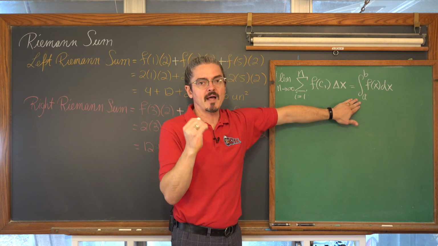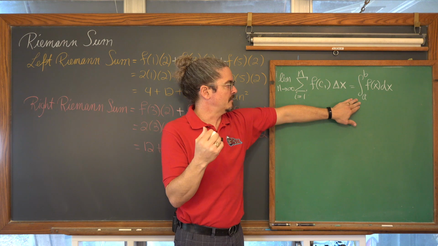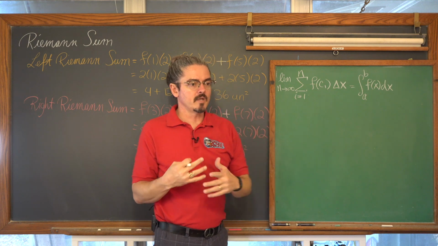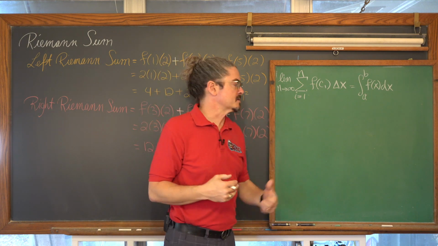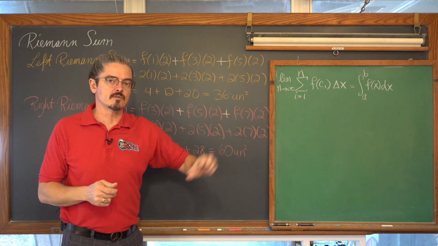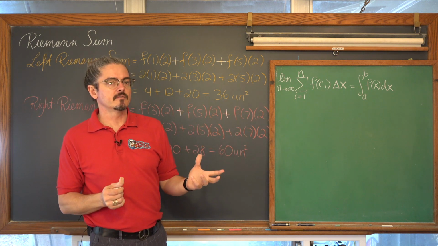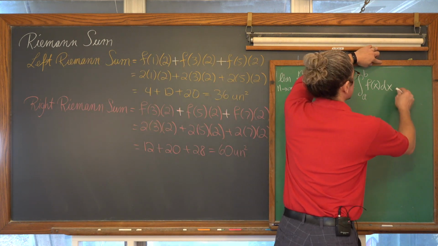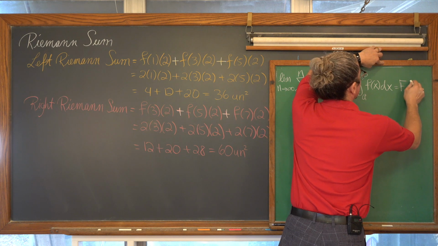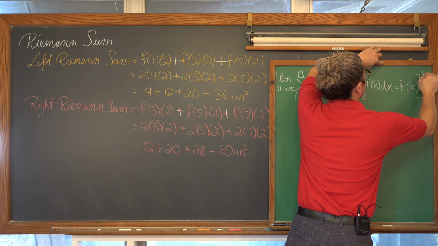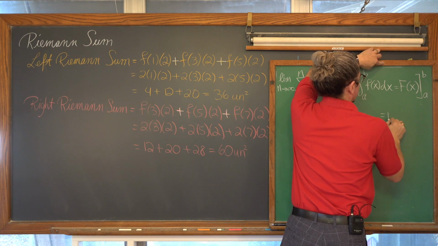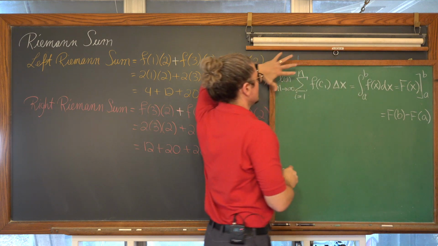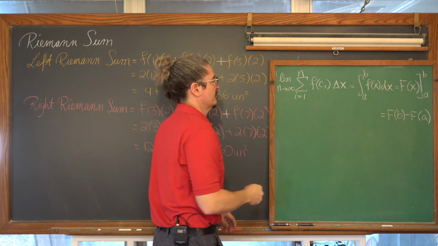It ultimately comes into full revelation maybe 3 sections later, if it's like the book that I'm teaching from, where we get to skip the long, arduous limit of sums process and just jump right into the fast way of finding antiderivatives and then working through the definite integration process, which is going to be equal to capital F of x with an upper limit of b and a, and I'm running out of space here, but then that's equal to f of b minus f of a. And all of this is your definition of a definite integral.